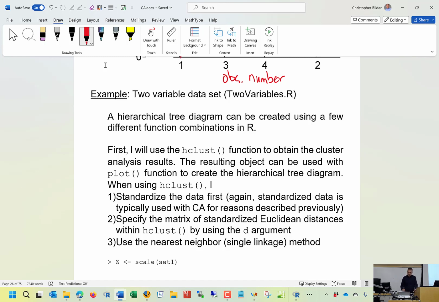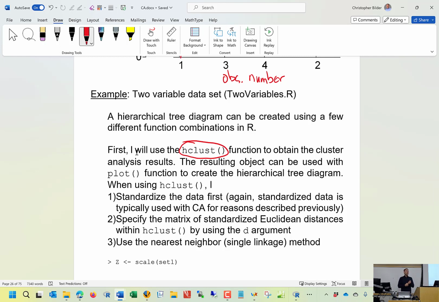So the main function that people use in R to do these hierarchical clustering methods is what's called hclust. H for hierarchical, clust for clustering. Okay? Now, in order to use this function, we actually have to do some stuff beforehand. First, remember how we typically always use standardized data.